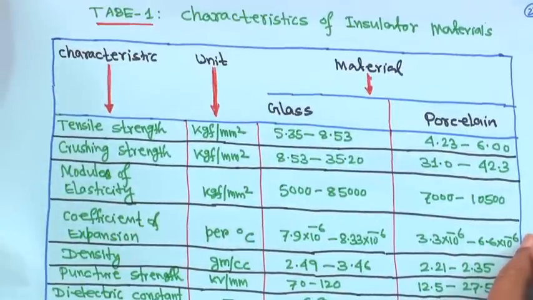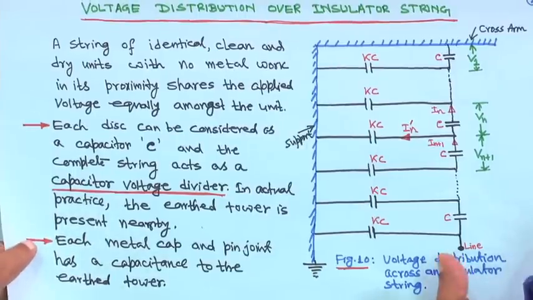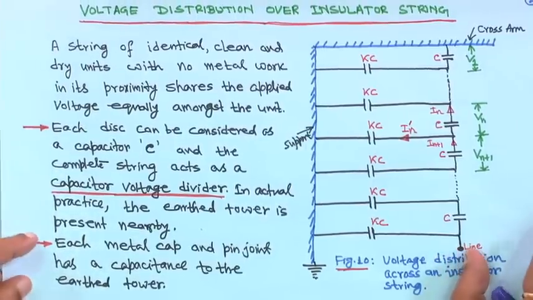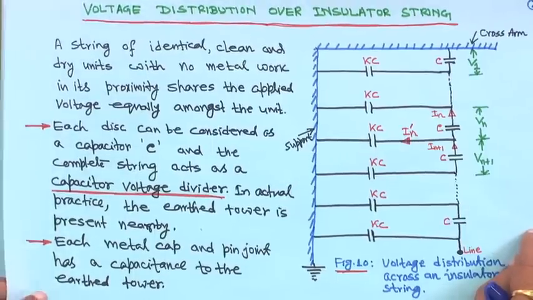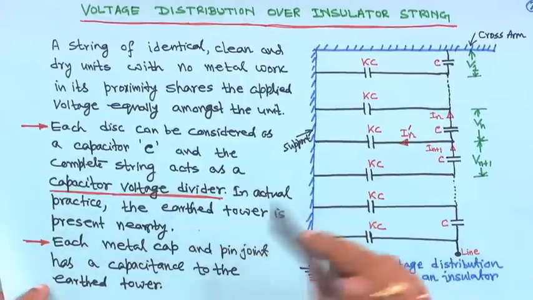Before going to the mathematics part, we would like to tell that pin type or suspension type insulators are mostly used particularly in the high tension line, and anywhere you can see suspension type insulators.